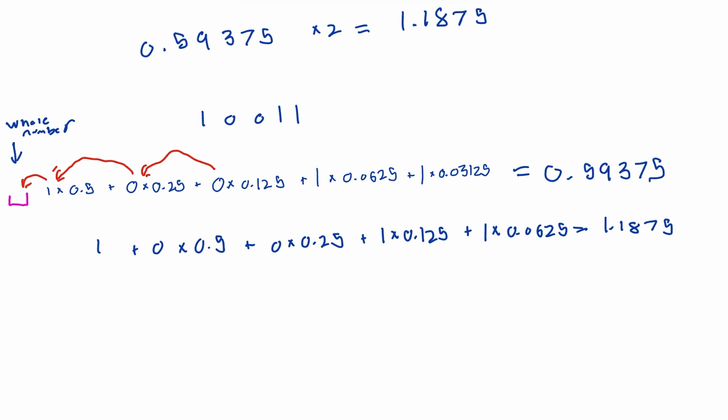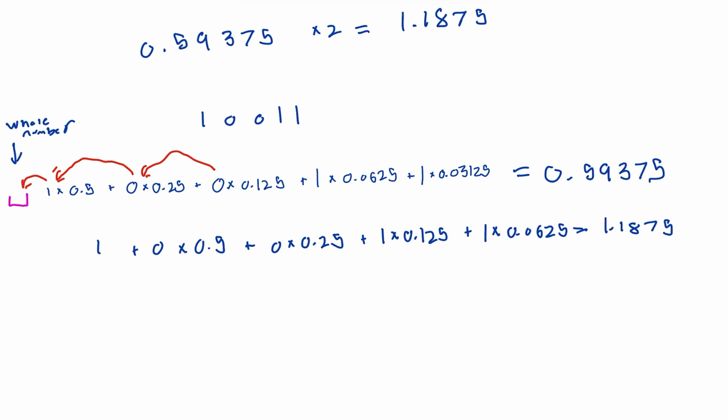So as you can see here, since our multiplication resulted in a value greater than 1, we have this bit here, which equals 1, indicating that our first most significant bit, which was 1 times 0.5, has to be a 1.